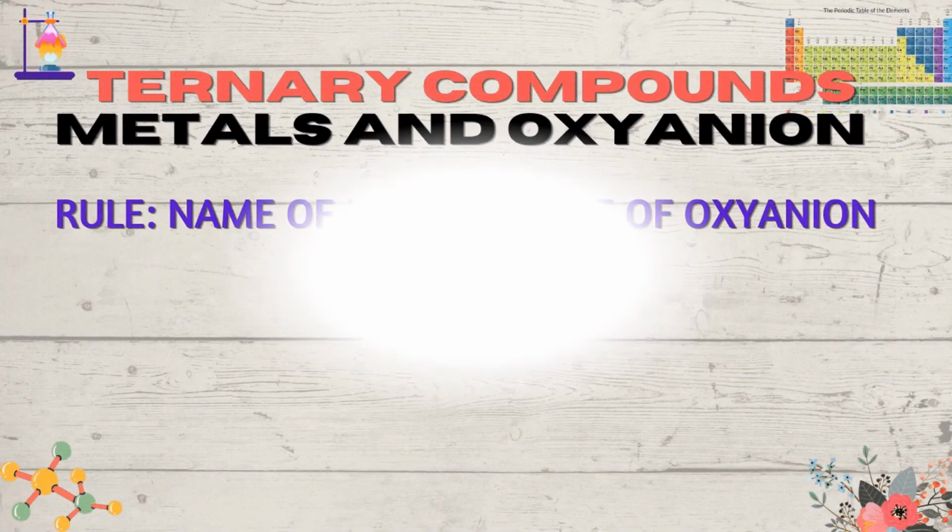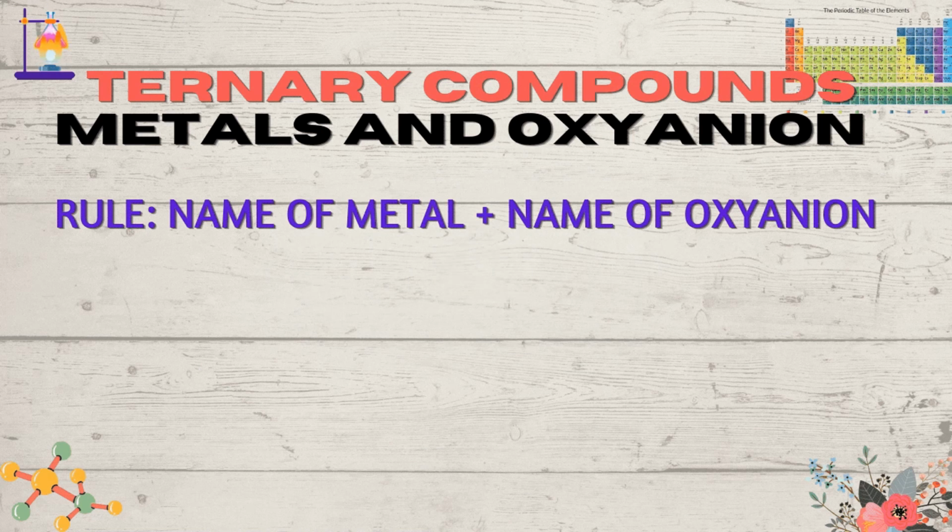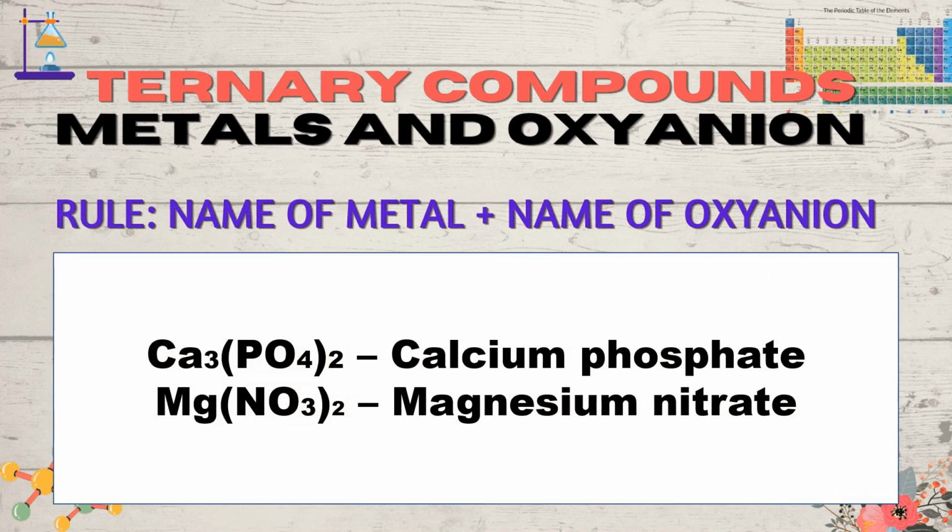Okay, now let's move on to ternary compounds, metal and oxyanion. So what's the rule? Name of metal plus name of the oxyanion. So example natin, Ca3(PO4)2. Recall our rules in writing correct chemical formula. So saan galing yung 2 dito? Ibig sabihin yung 2 dito ay galing sa calcium.